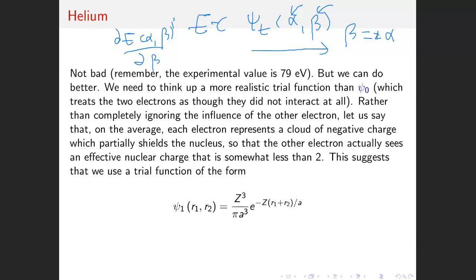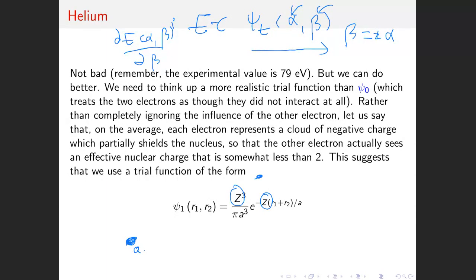But we have to introduce another parameter, and physically what this parameter means is that, let's say you have some charge, and then you have some other electron which is far away, but there will be some electron cloud.